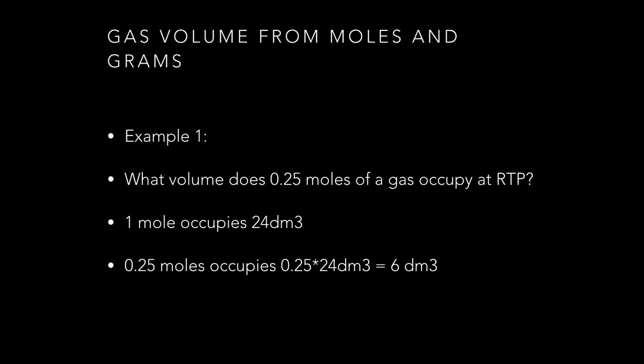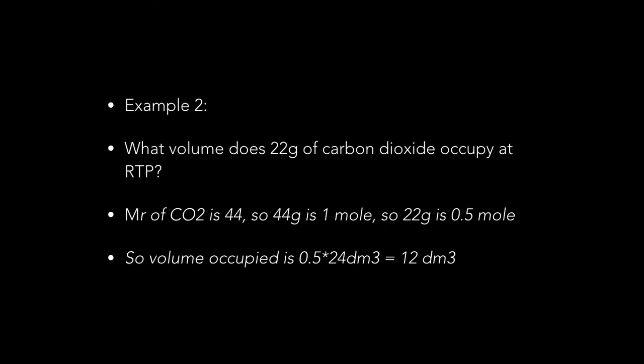Now, example 1. What volume does 0.25 moles of a gas occupy at RTP? Now, 1 mole occupies 24 dm cubed, so 0.25 mole, which is 1/4 of 1 mole, means 0.25 times 24 dm cubed equals 6 dm cubed of gas. Now, example 2.